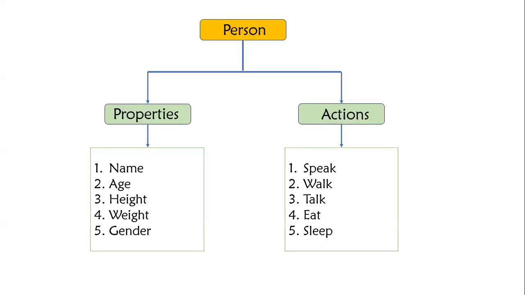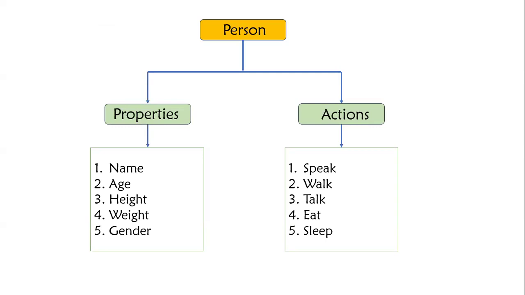And we know that name, age are the properties, right? So, what are the properties? Like int age and float height. And what are actions? Like eat, sleep, walk, speak are the actions.